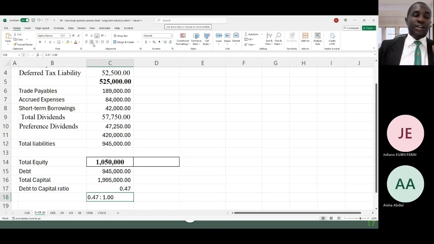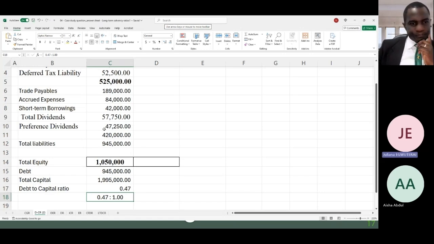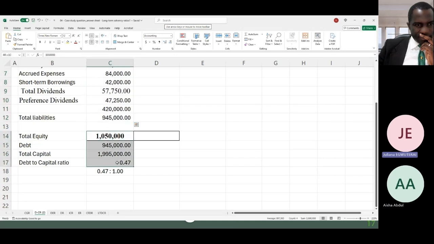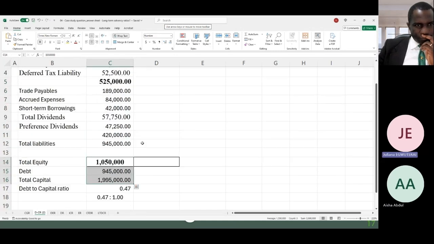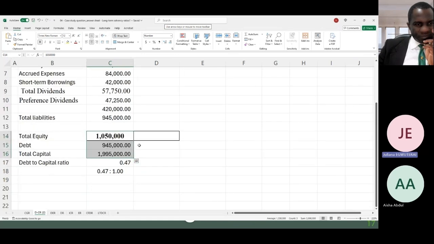That's what it means. It's a very unpopular ratio, more of an academic one, but it's good to know in case it pops up. Once you see it, the examiner wants to. Yes, please go ahead. So the denominator is a combination of equity and debt, total liabilities. Yes, the denominator. Okay. For 2021, 48.27, 2023, 49.5.